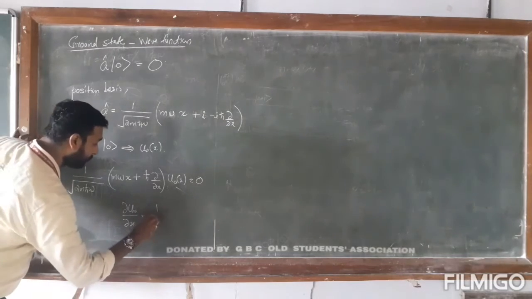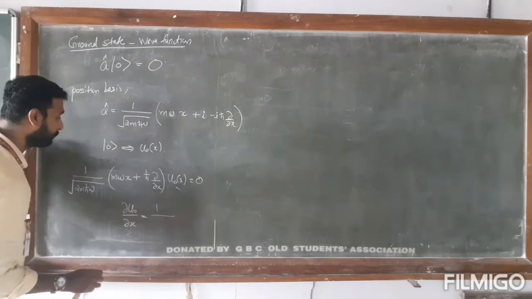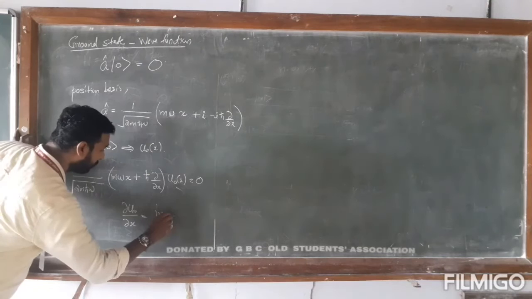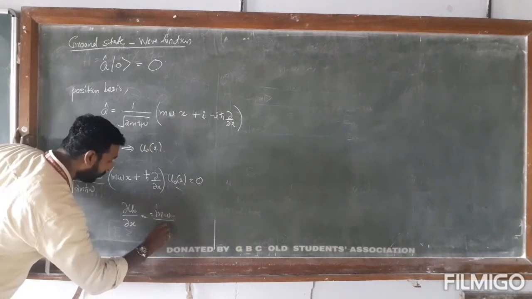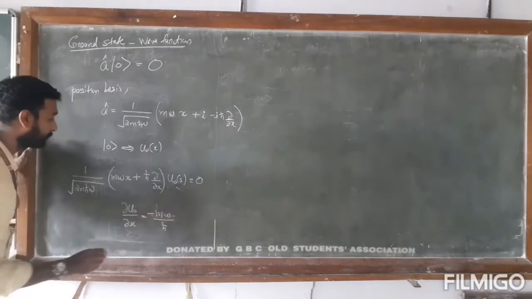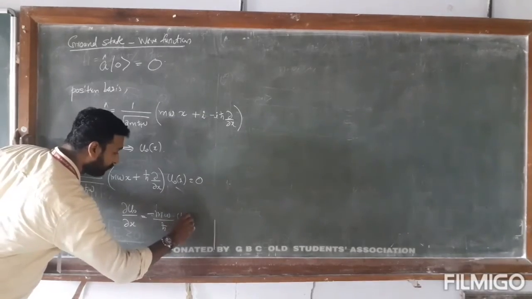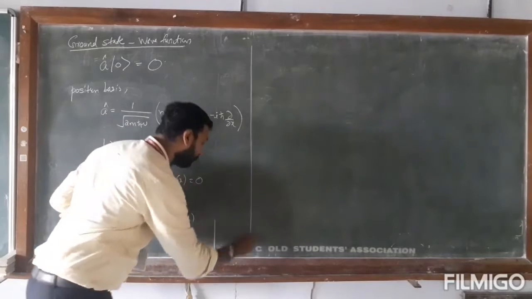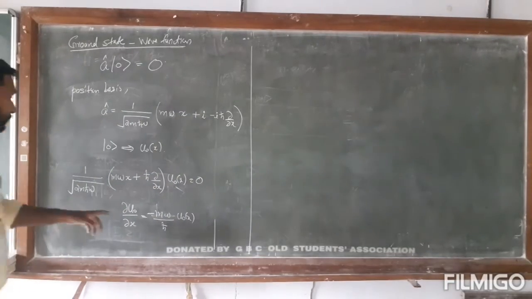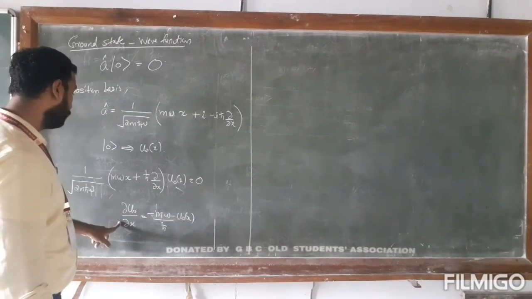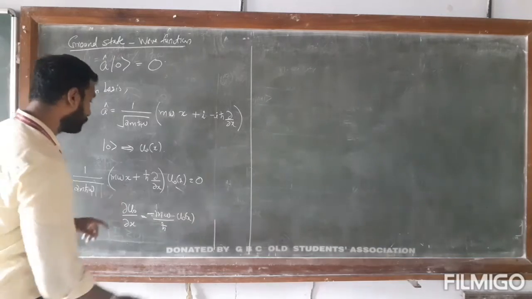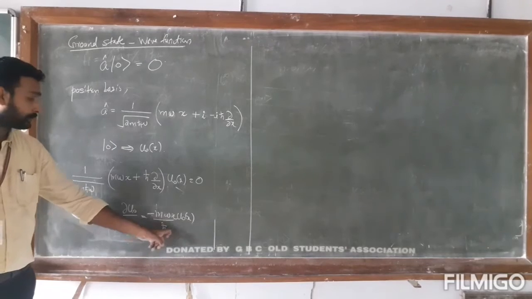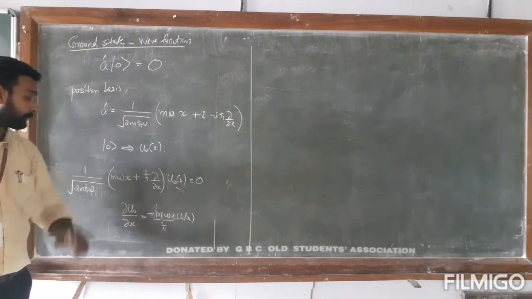that would be minus mω by ħ, and there is one x also, minus mω x by ħ u0 of x.